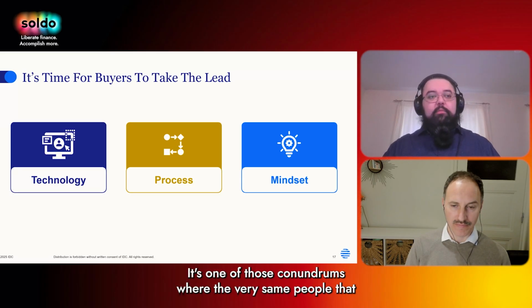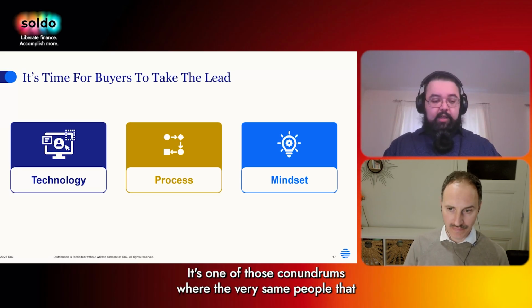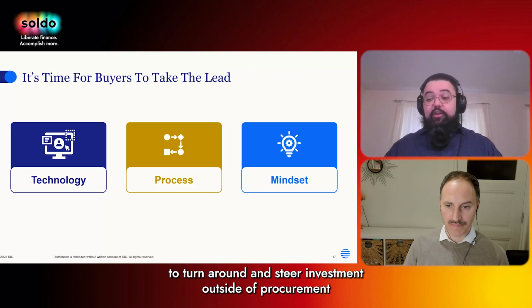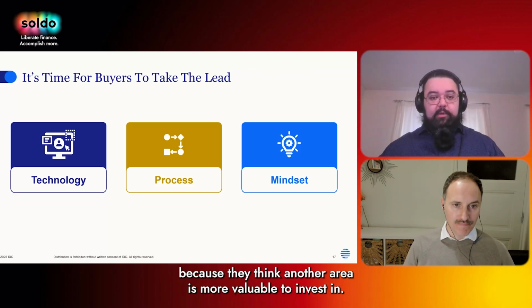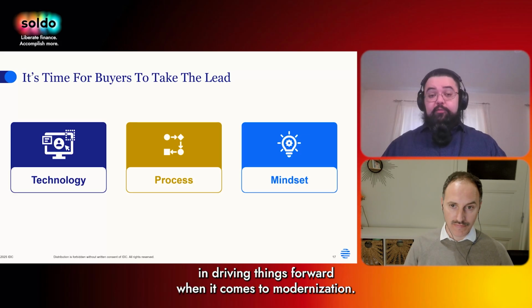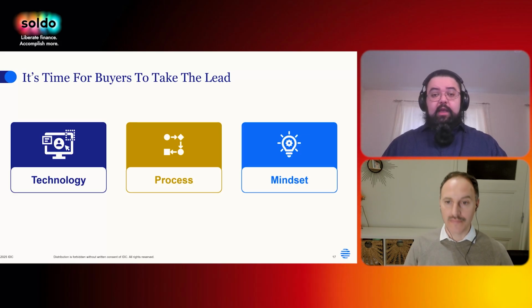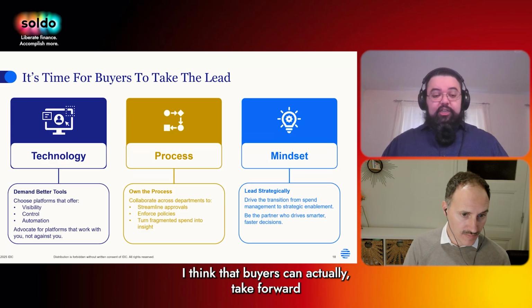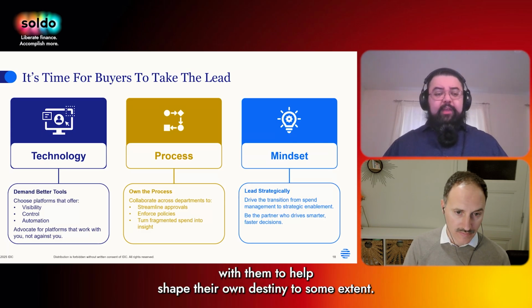It's one of those conundrums where the very same people that criticize procurement as the bottleneck will also be the first people to turn around and steer investment outside of procurement because they think another area is more valuable to invest in. So I think buyers can take a pretty significant role in driving things forward when it comes to modernization. And so we've got a handful of key action points, I think, that buyers can take forward with them to help shape their own destiny to some extent.